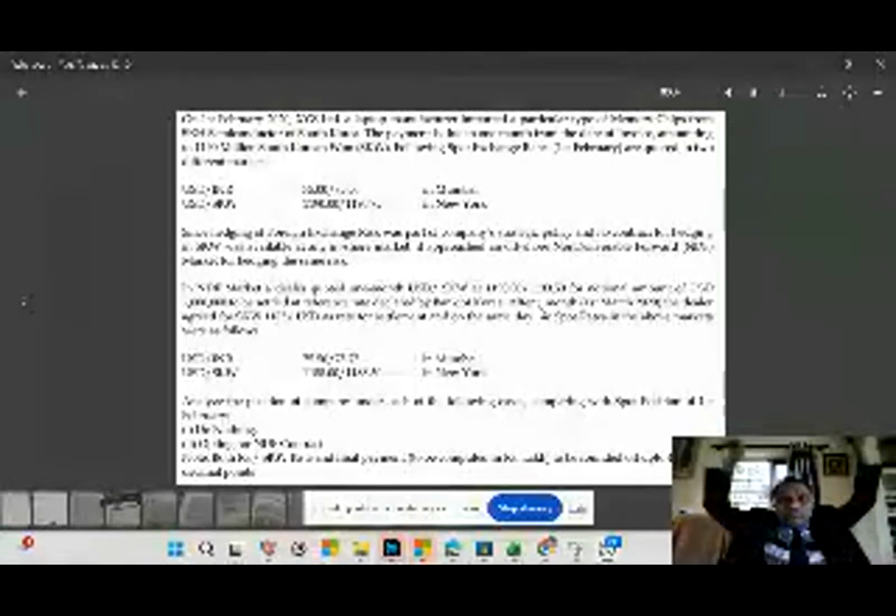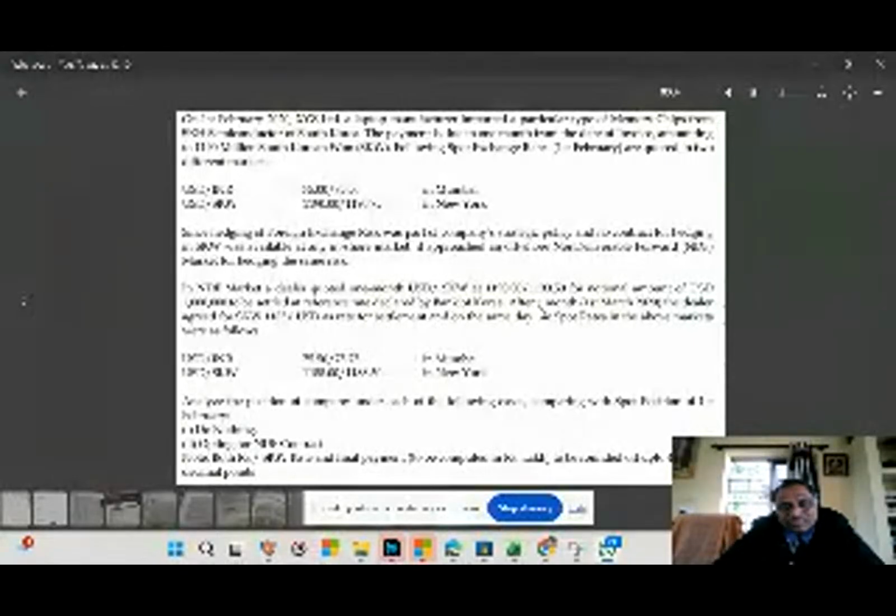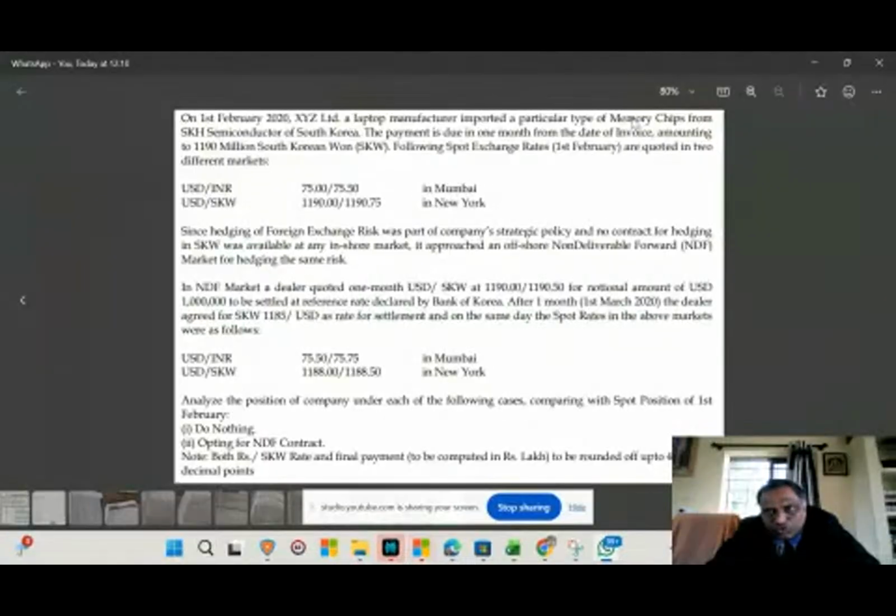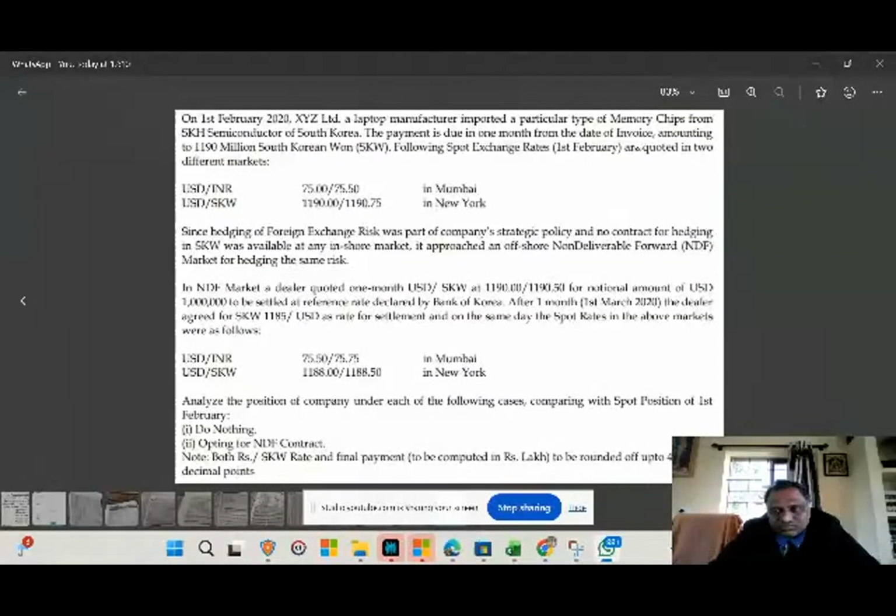On 1st September 2020, XYZ Limited, a laptop manufacturer, imported a particular type of memory chips from SKH Semiconductor of South Korea. The payment is due in 1 month from the date of invoice.